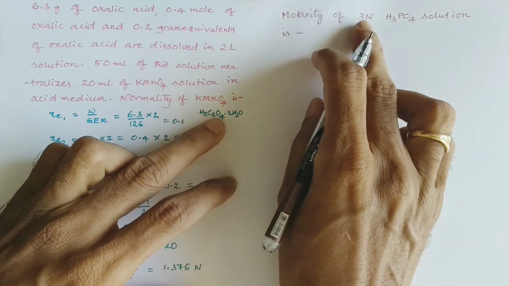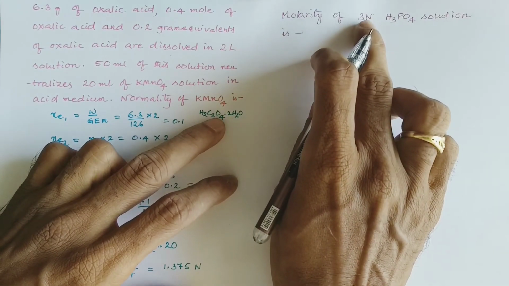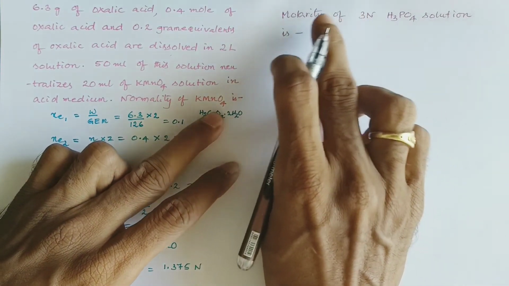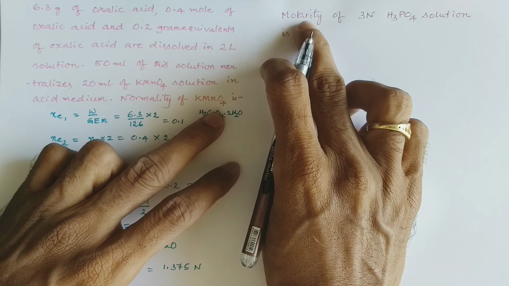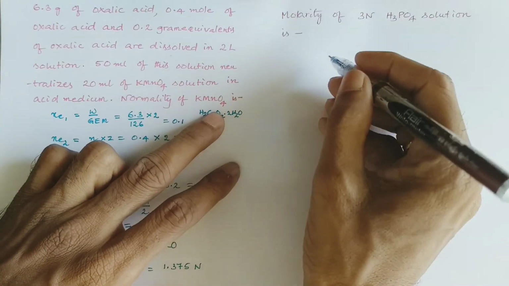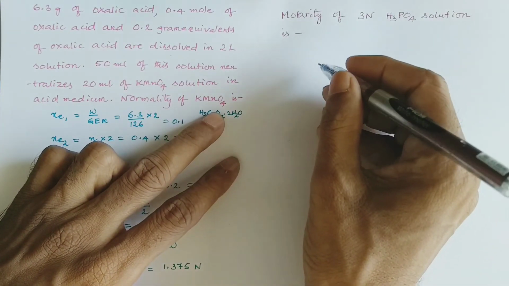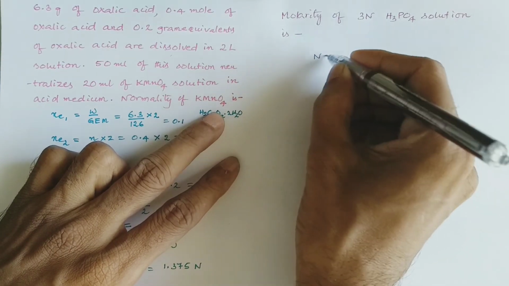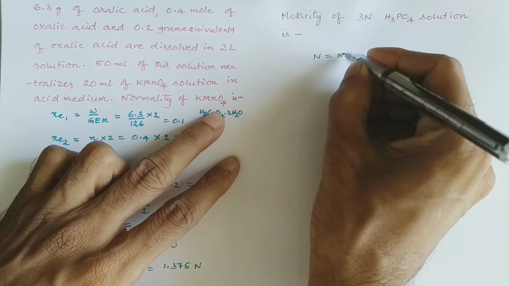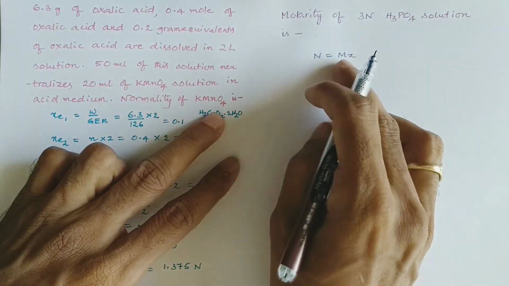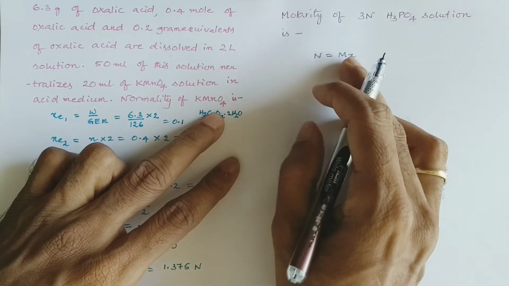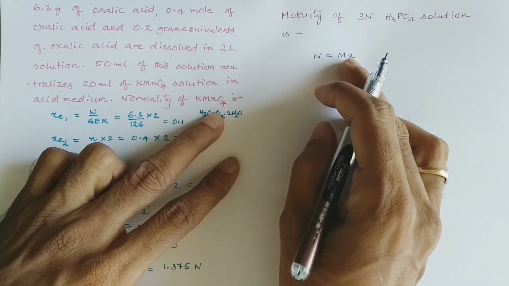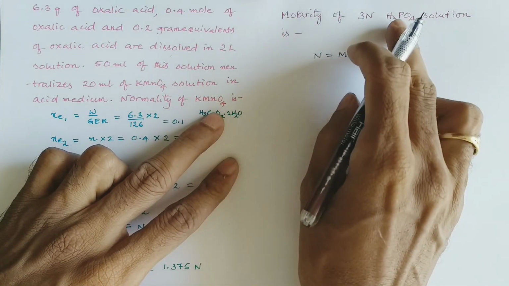So here normality is given, that is 3 normal, and molarity we have to determine. And normality and molarity are related. Normality is equal to molarity into valence factor, that is Z. The valence factor is nothing but the basicity of the acid.